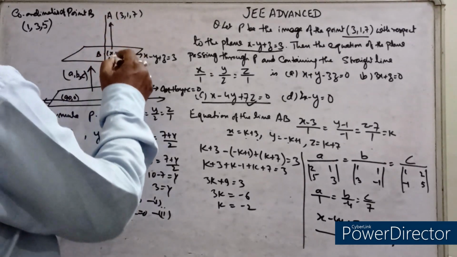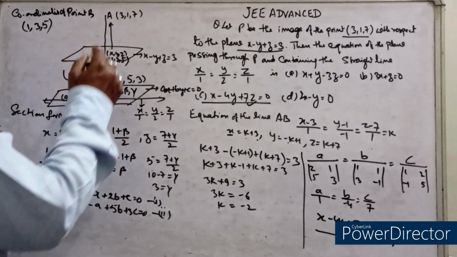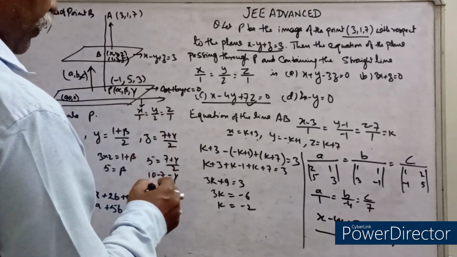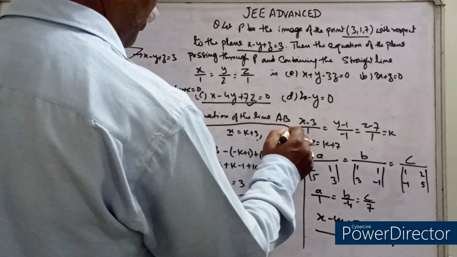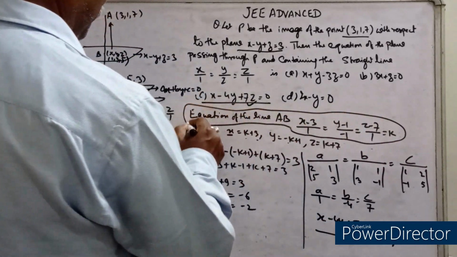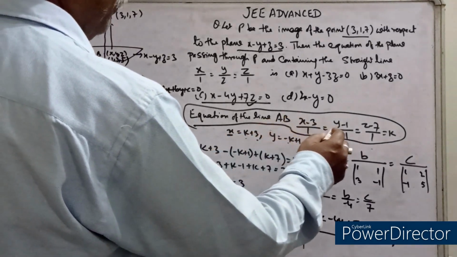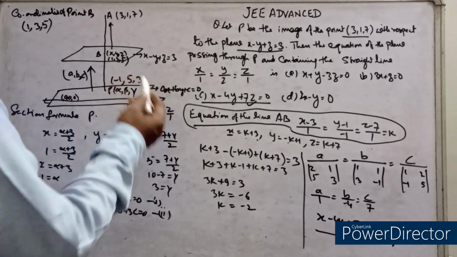Because the first step I have done here, you see, first I found out the equation of this line, AB. When I found the equation of this line, then what did I do? Because I have considered the coordinates x, y, z, I found out the value of x, y, z, and as this point B lies in this plane, it will satisfy it.